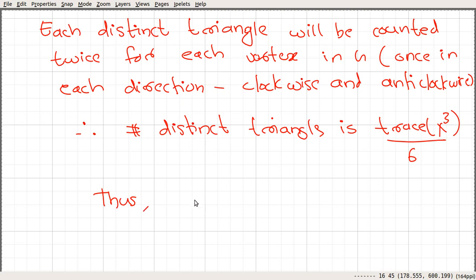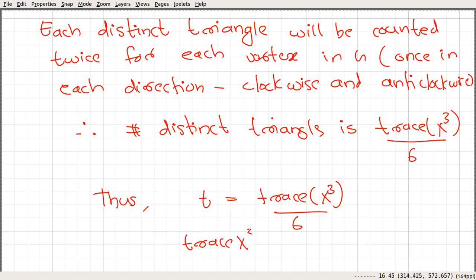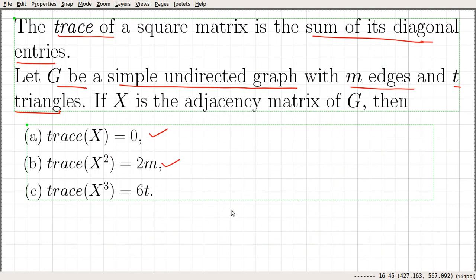So that says the number of distinct triangles is t, the trace of x cube divided by 6, and that says the trace of x cube is equal to 6 times t, and that's what we are looking for, and so we proved this one.